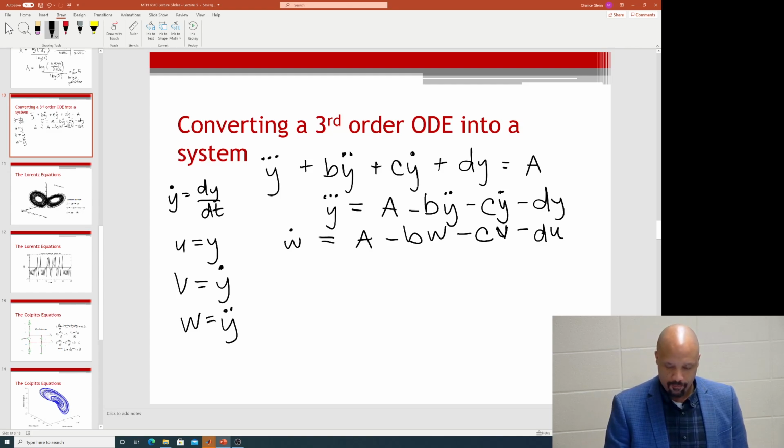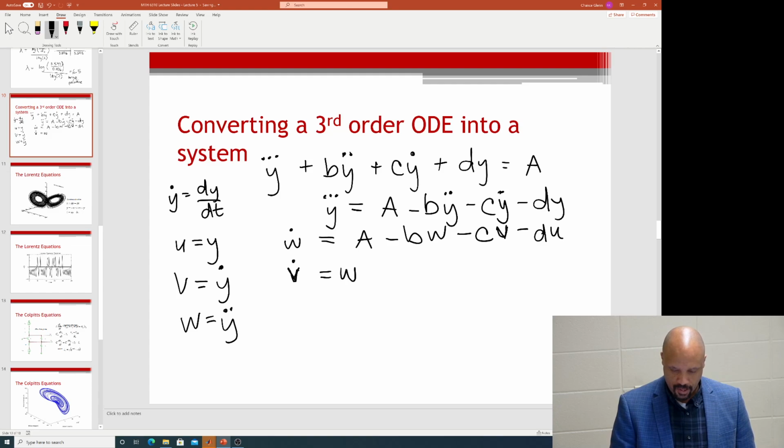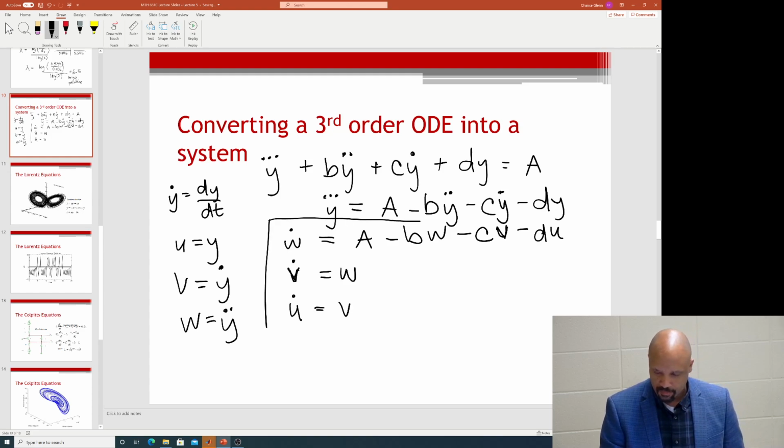And then you have, of course, v dot is equal to w, right? And u dot is equal to v. So this is your system.